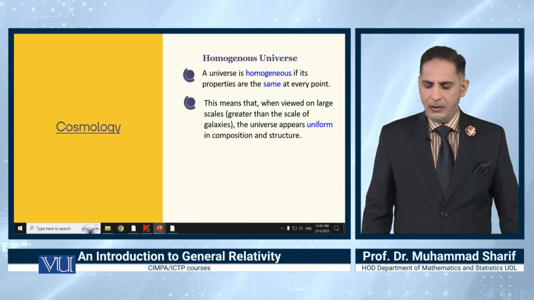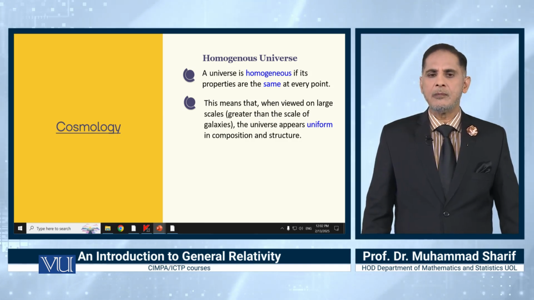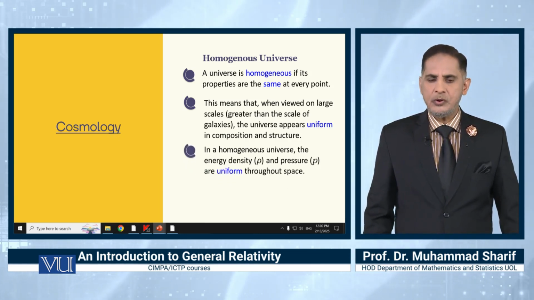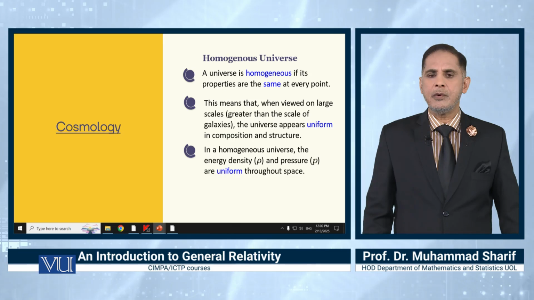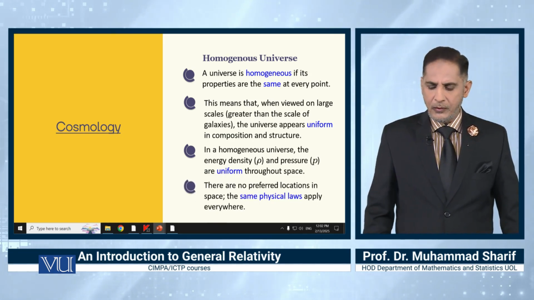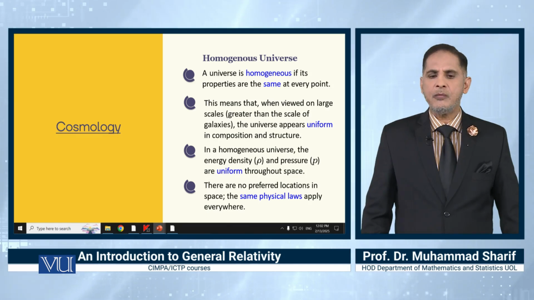When viewed on large scales, greater than the scale of galaxies, the universe appears uniform in composition and structure. In a homogeneous universe, the two important quantities, energy density and pressure, are uniform throughout space. There are no preferred locations in space. The same physical laws apply everywhere.